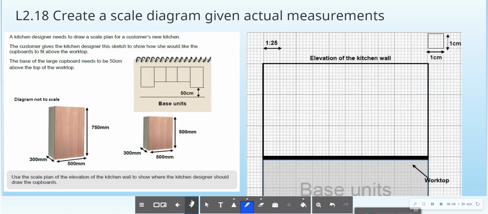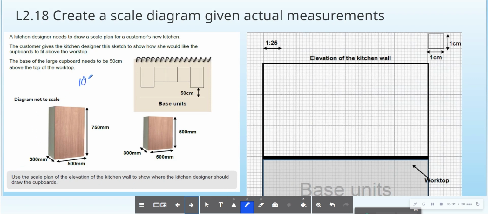Right, drawing a scale diagram given actual measurements. Here we've got a kitchen designer. He needs to create this plan, which isn't drawn to scale, on our scale diagram. Each of these is in millimeters, but the diagram is in centimeters. So the first thing we need to do with each of these numbers is turn them into centimeters.